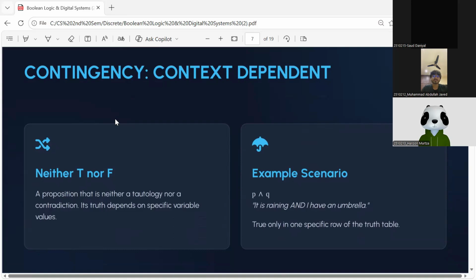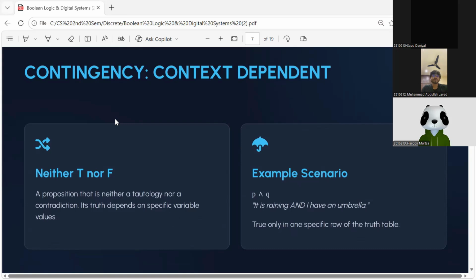In this example, P and Q: it is raining and I have an umbrella. Here they are both inputs. It can be true or false. We can have an umbrella and it can rain, but it can also not rain. So this is a contingency statement, and it is always scenario based. So this is the basic concept of contingency. That's all from my side.